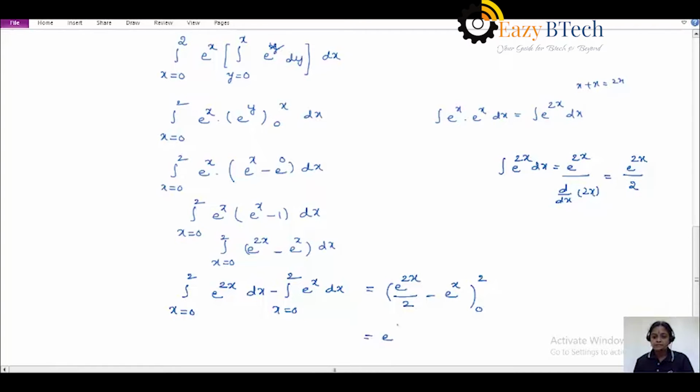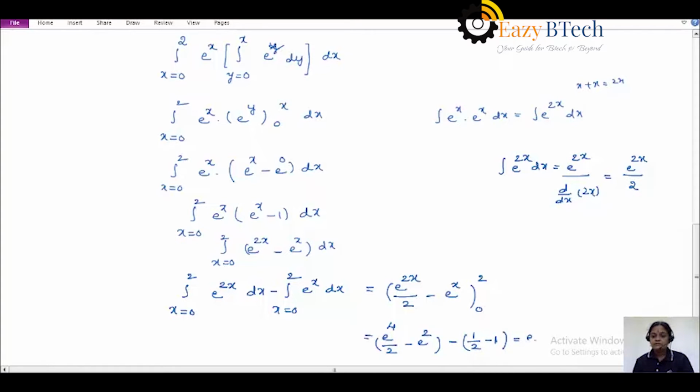So at first I am applying the upper limit, students. In the place of x you are applying 2, then 2 into 2 becomes 4. E power 4 by 2 minus e power 2 and minus, e power 0 is 1, that means 1 by 2, and again minus 1.